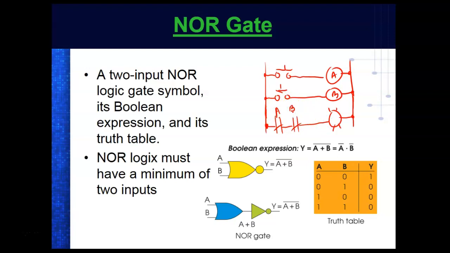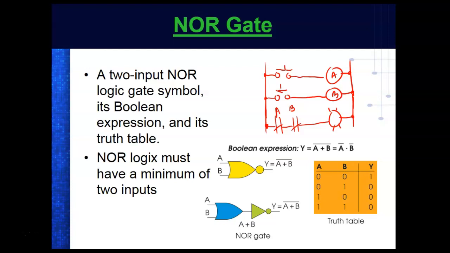So the rung starts off true, and if I press any button, the rung goes false. So normally closed contacts in series is a NOR. Normally closed contacts in parallel is a NAND.